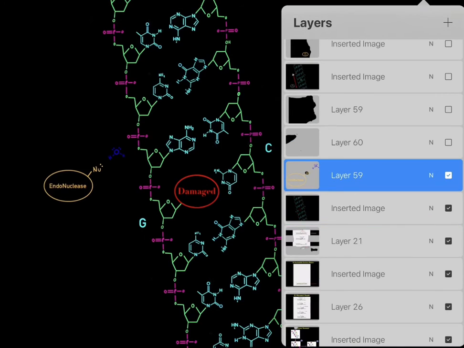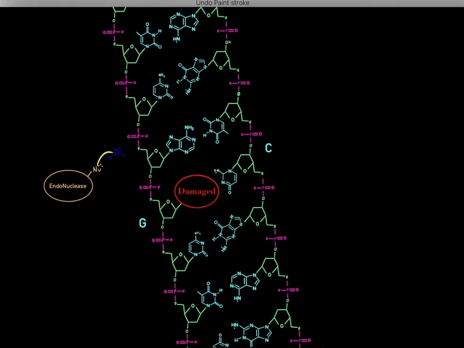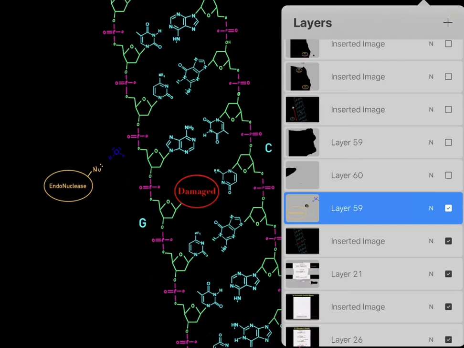So remember, the first step is to use this endonuclease to break this covalent backbone. The endonuclease is a nucleophile which reacts with water, making water more nucleophilic, which attacks this electrophilic phosphate. The organic chemistry mechanism isn't really important, but the point is this endonuclease breaks this covalent bond, therefore breaking the backbone of DNA.